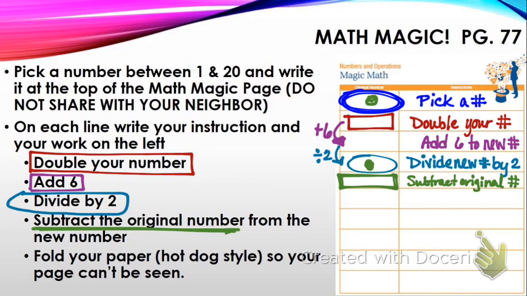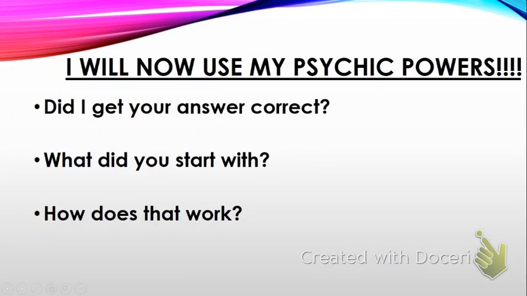Once you've had a chance to double check all your calculations, and you've written it down, I want you to fold your paper hot dog style so that your neighbor can't see it and I can't see it. I'm going to use my psychic powers to try to guess what your answer was. Now I gotta find my little Post-its.